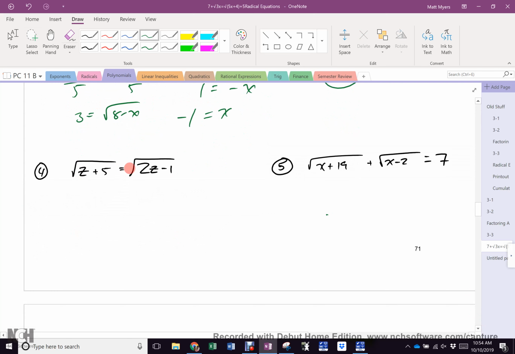If you square one side, you get the other side. So that is z plus 5 equals 2z minus 1. Straighten it out. Z equals 6.